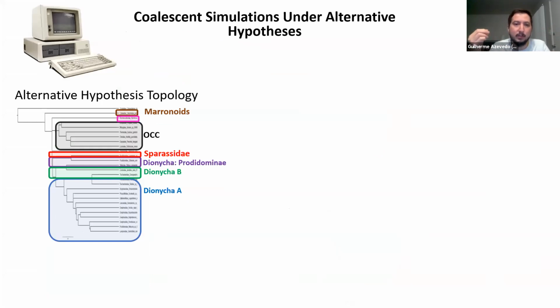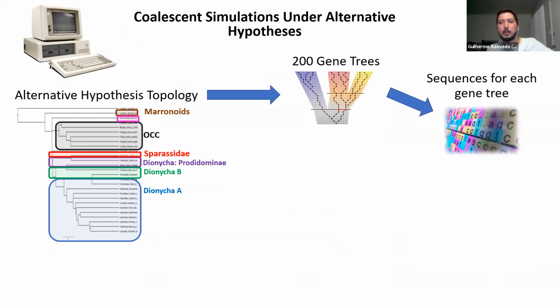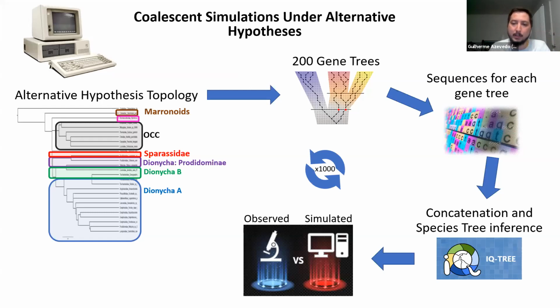We have this alternative hypothesis where Sparassidae is related to the other Dionychans. And then we simulate gene trees using a coalescent process inside this containing species tree. Then we simulate sequences for each gene, concatenate them, generate a species tree from this simulated data, and repeat this 1,000 times.